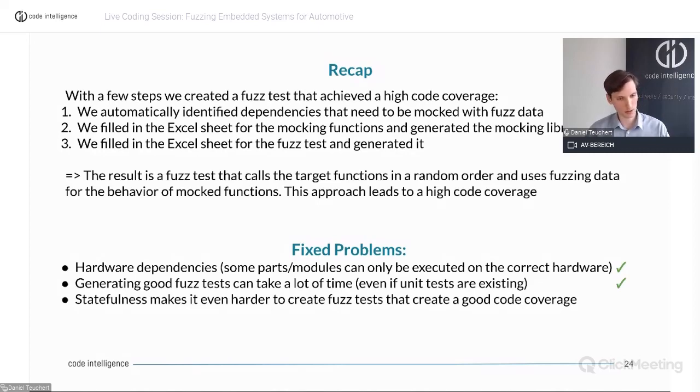And lastly, since in our fuzz test, our fuzzer decides in which order to call these functions, with the feedback that the fuzzer gets, it can automatically identify how to order the functions to catch all the states of our application. So we also checked this problem.